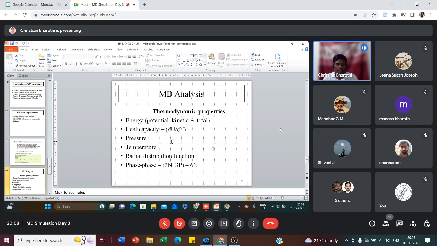Experimentally, the radius or size of the protein is determined from the crystal diffraction pattern. We know the molecule information or crystal packing information from the diffraction pattern, and from that we can determine the size of the protein. That is the experimental size, and we can compare these two sizes of the protein.